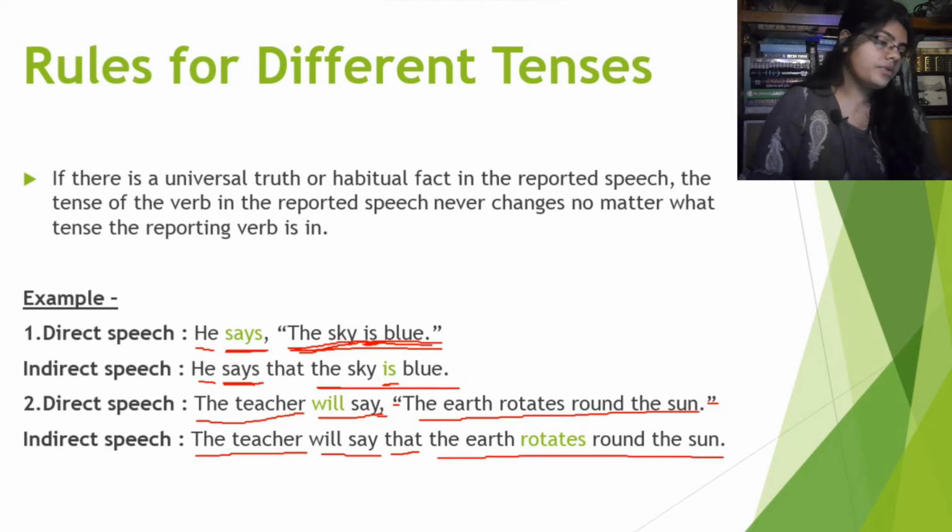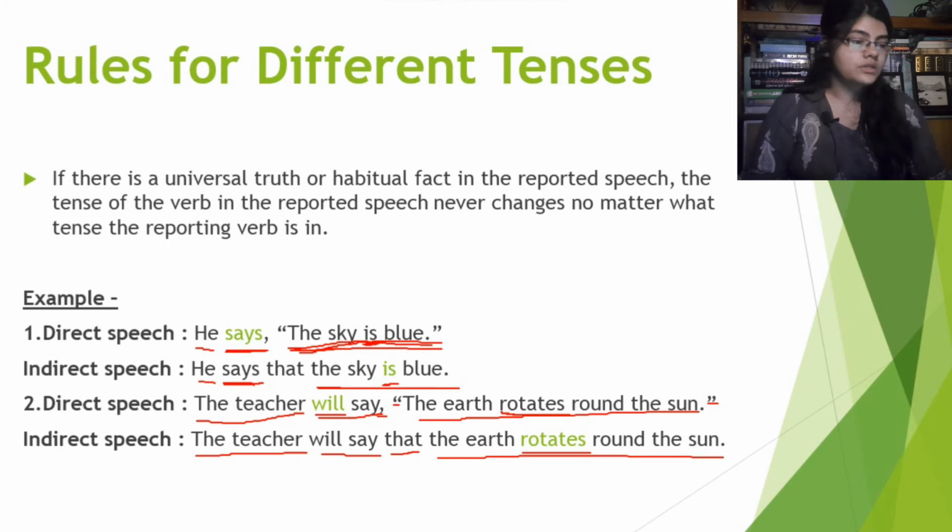Why is that? First of all, you already know that the reporting verb is in future tense, so the verb of the reported speech, which is rotates, will not be changed. It will be exactly how it is. But again, the earth rotates round the sun is a universal truth. It's always the truth. This is what always happens. So here the verb will not be changed.